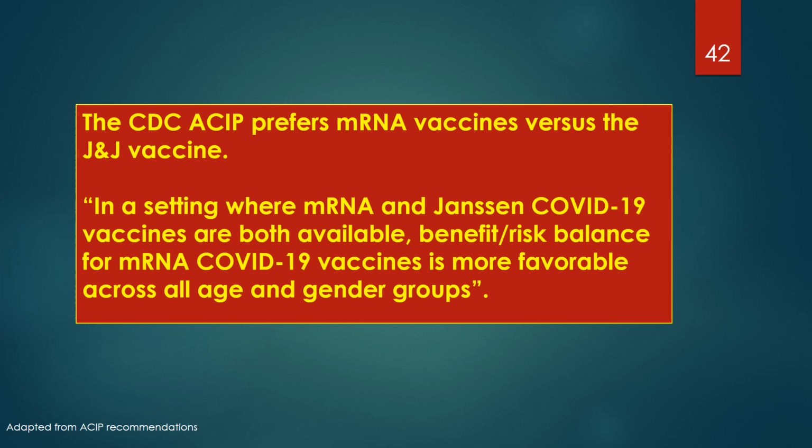More severe health impacts from TTS, thrombosis with thrombocytopenia syndrome, and GBS, Guillain-Barré syndrome, are seen as adverse events after Janssen COVID-19 vaccine compared to impacts from myocarditis after mRNA COVID vaccines. So in a setting where mRNA and Janssen COVID vaccines are both available, benefit-risk balance for mRNA COVID vaccines is more favorable across all age and gender groups.